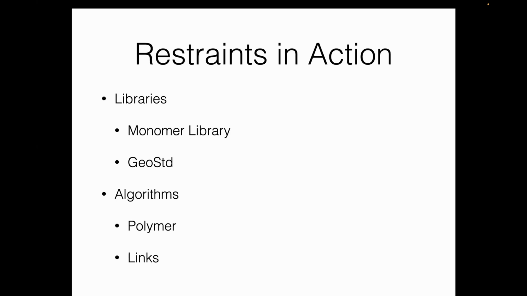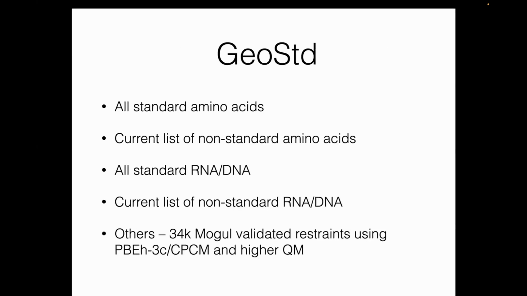And so polymerization and linking of covalent ligands and other links like carbohydrates all need to be done algorithmically to make it easier for the user. Unfortunately, we can't do everything, so you do have to sometimes provide things yourself.